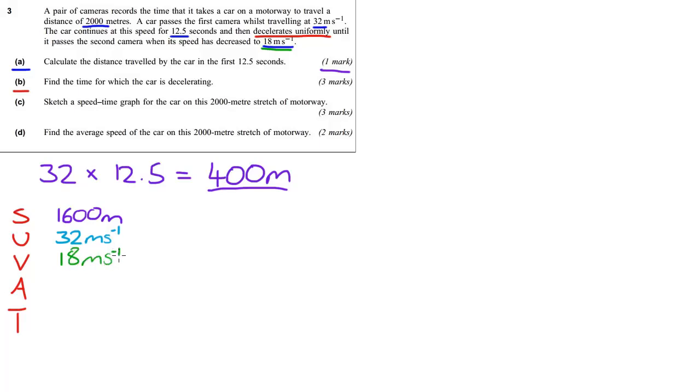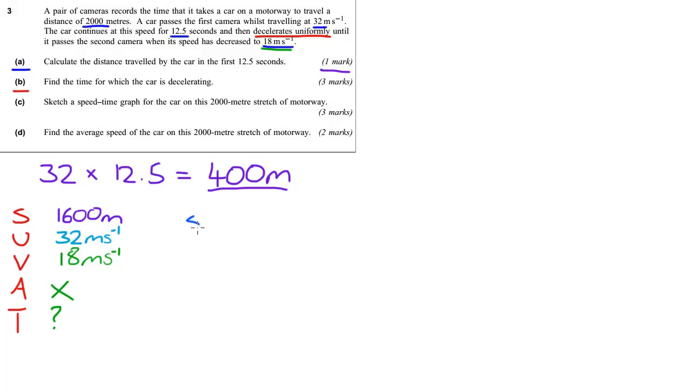The rate of deceleration, well, I don't really care about that. And the time that it took, well, that's what we want to know. That's what the question's asking for. So let's use a SUVAT equation that doesn't include A.